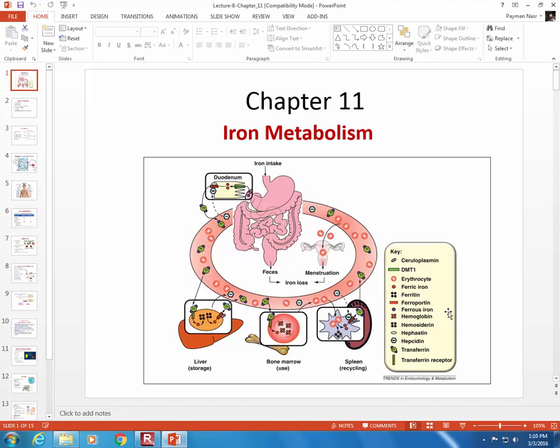If you find it like this inside of the body, it's going to react with, for example, oxygen. You know there is iron in the hemoglobin, right? And you know that oxygen is going to bind to the hemoglobin, right? If you have this free iron, the ferrous iron, plus oxygen, you will have a compound called superoxide.